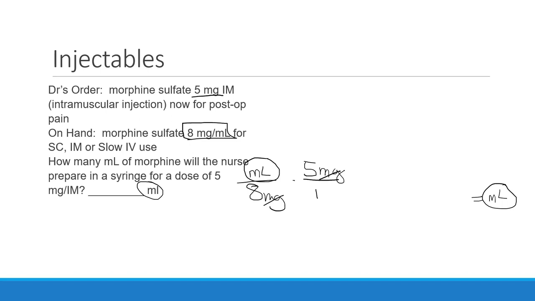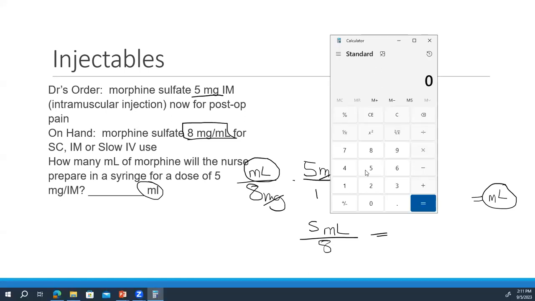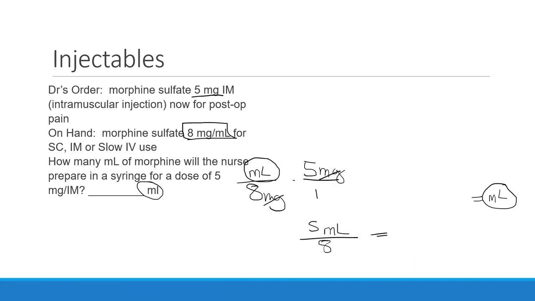Yes. So now what I'm going to do is 5 mLs, all divided by 8, which will equal, and then pulling out my lovely calculator, 5 divided by 8, which gives me 0.625.